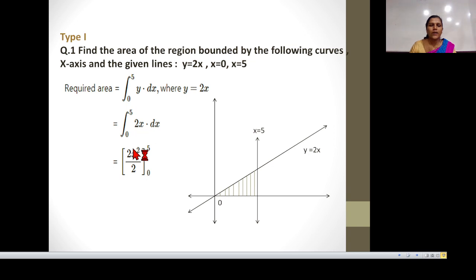Here 2 as it is, and the integral of x dx is x square by 2, and after finding the integration we apply the limits from 0 to 5. So here 2 gets cancelled, and by putting the upper limit instead of x, we get 25 minus 0, that is equal to 25 square units. So you will find this area as 25 square units.